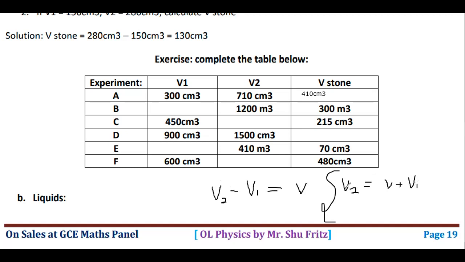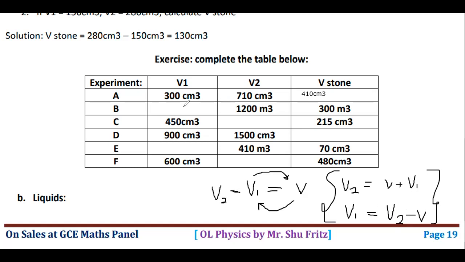Now I want to look for V1. Be careful here. I carry the minus V1 to the right-hand side and bring V to the left-hand side, so V1 is alone on the right-hand side. So V1 is equal to V2 minus V.